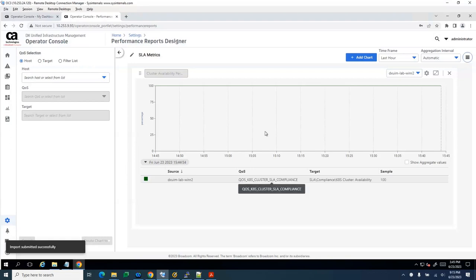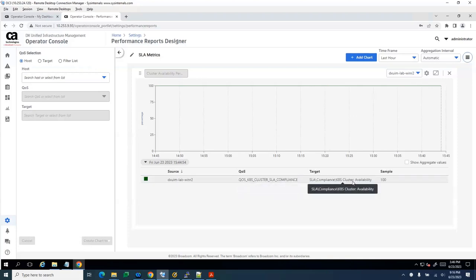As you can see over here, this is the compliance we have seen in service level management, right? So Kubernetes cluster, and we are talking about Kubernetes cluster availability. While on the SLA history we can see month on month, this will help us see how the trend looks on a daily basis, once the SLA percentage gets added.